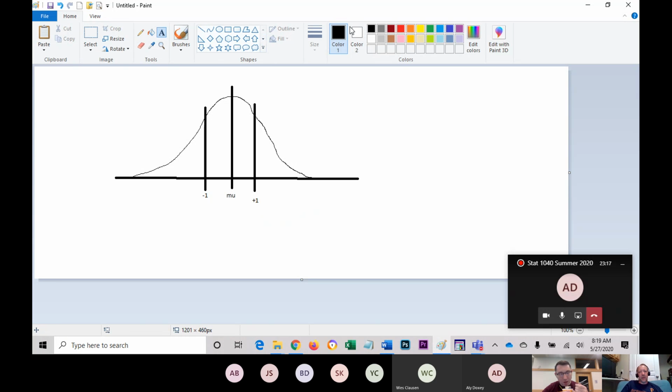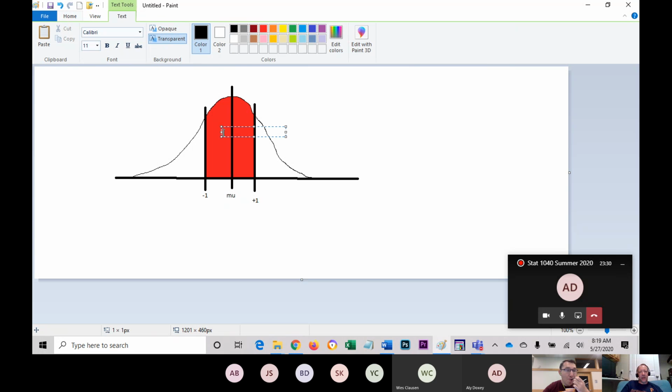And now I'm going to fill in my data with this here. So this area here represents 68% of the data in a normal distribution.